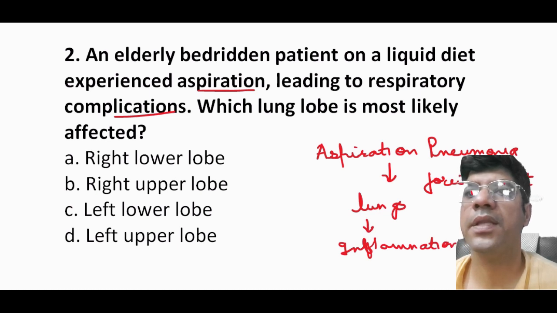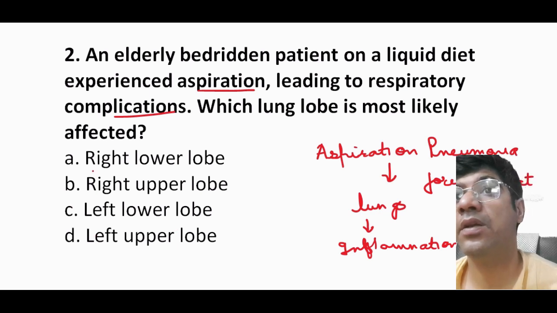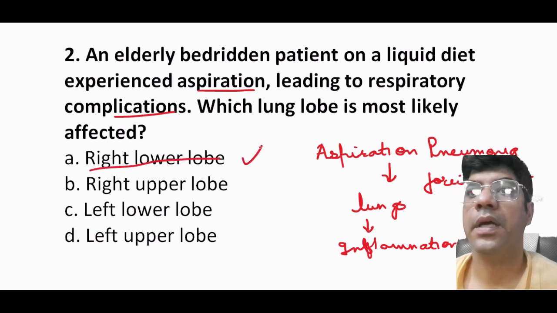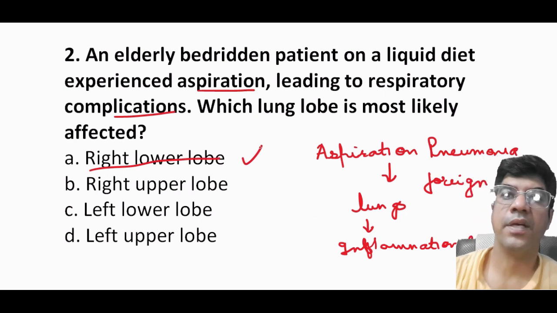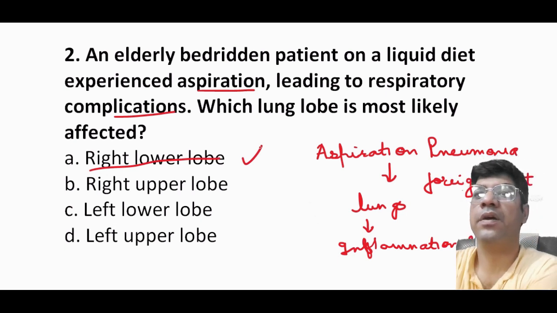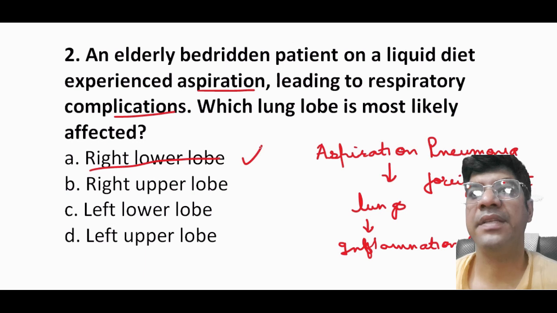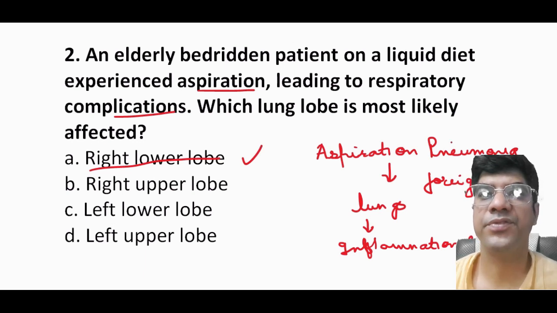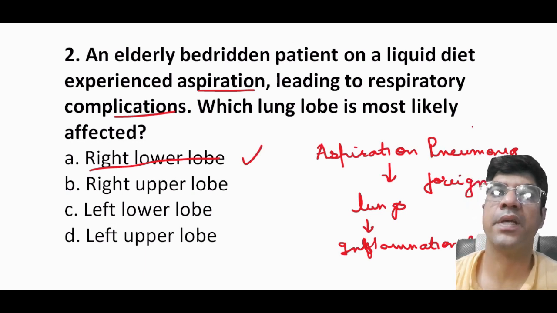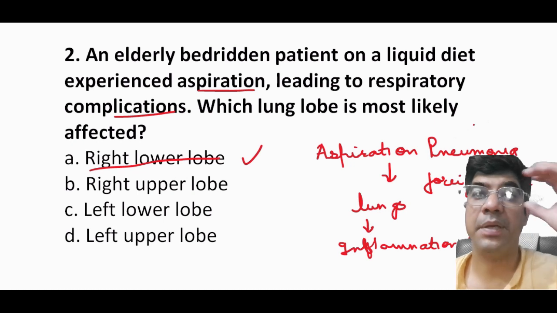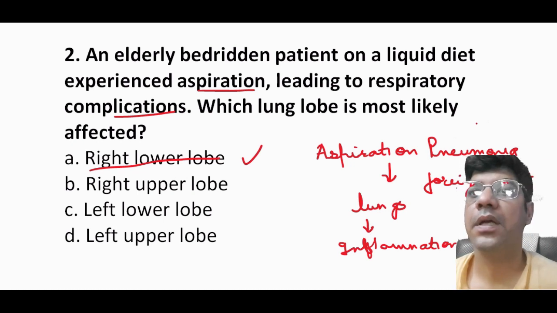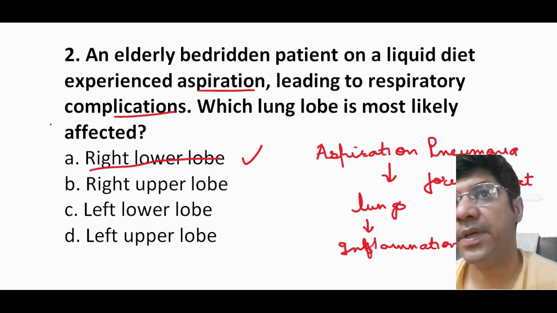And remember that the right lower lobe is the most common site for aspiration pneumonia, for several reasons. Why? First of all, consider the anatomy of the right mainstem bronchus.